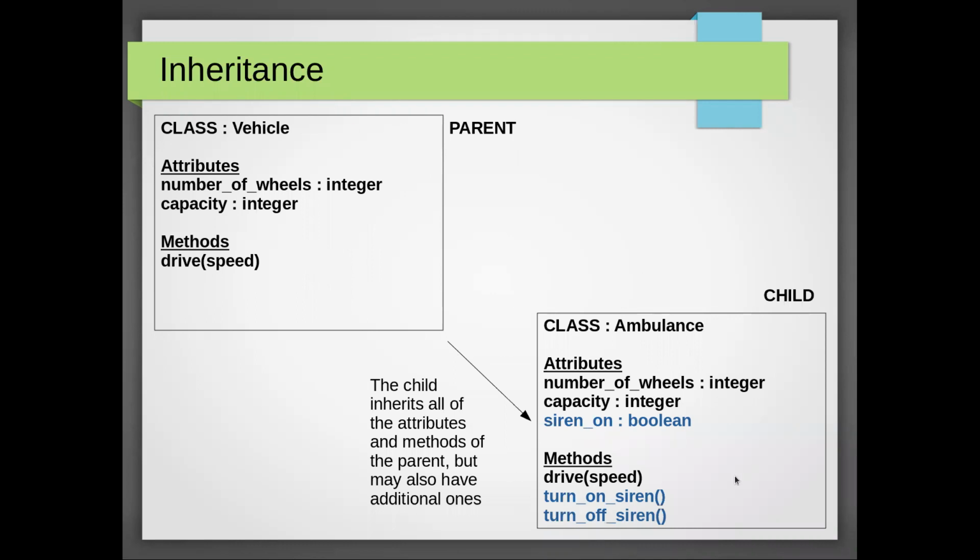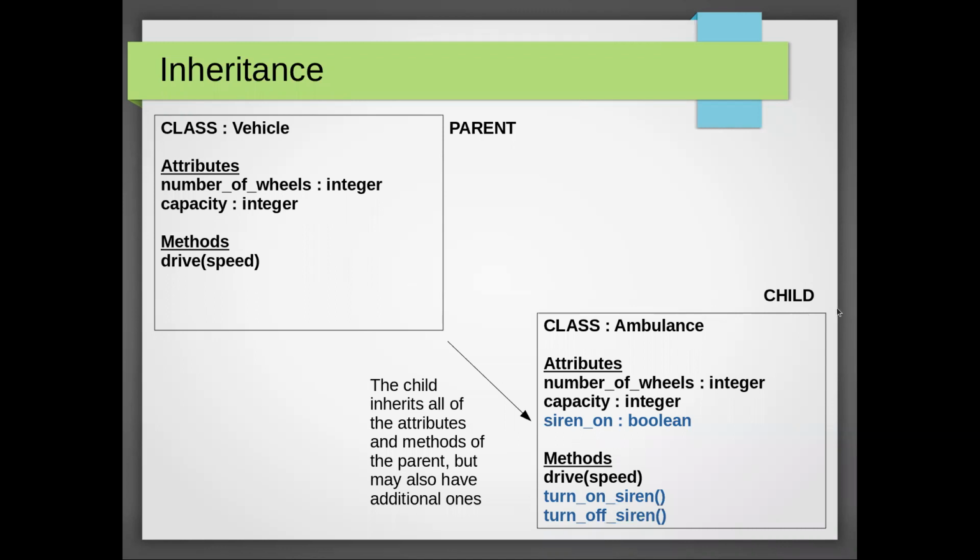And the new class that we're creating that's inheriting most of the stuff from this parent is known as the child. So basically the child will inherit all of the attributes and methods of the parent, but it might also have some additional ones itself as well. In fact, it should have something in addition, otherwise there'd be no point in creating a separate class.